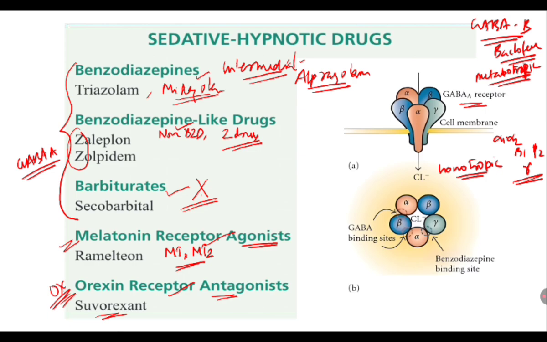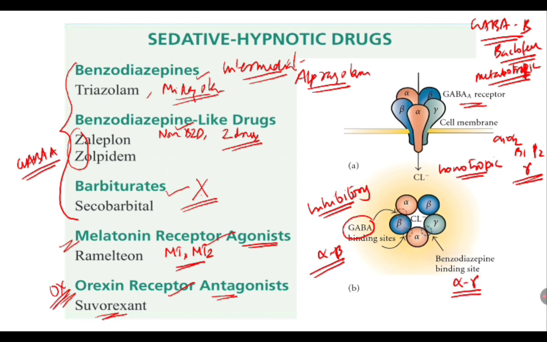GABA is an inhibitory neurotransmitter, and it binds at the subunit interface of alpha and beta, whereas benzodiazepine binds to the alpha gamma interface.